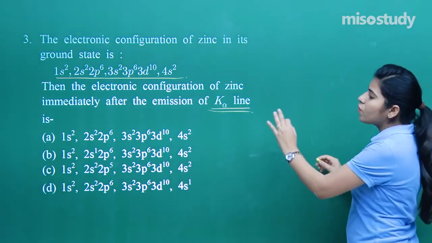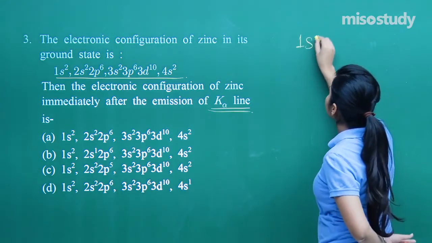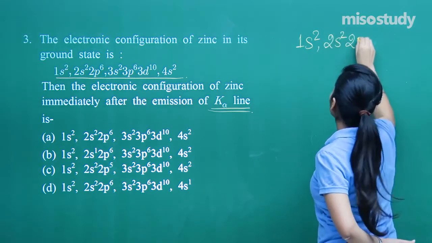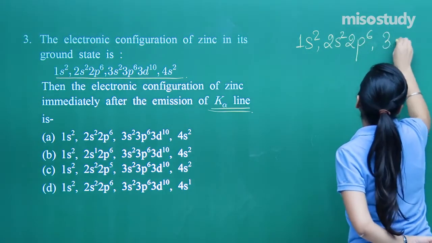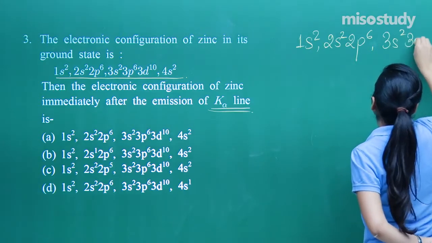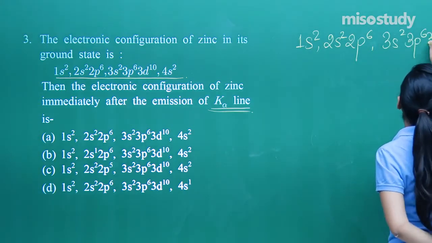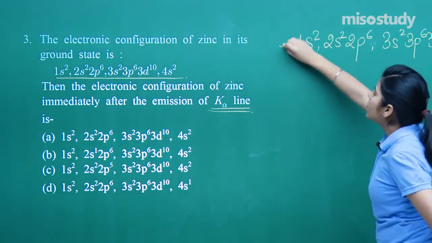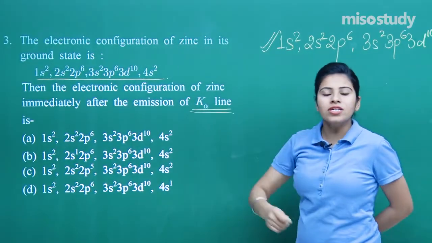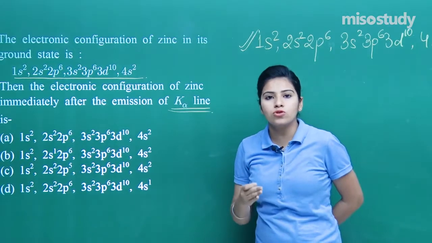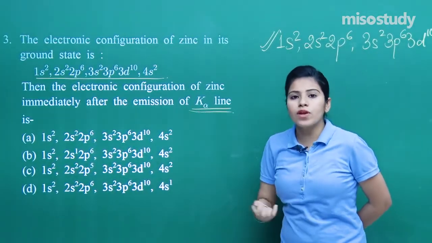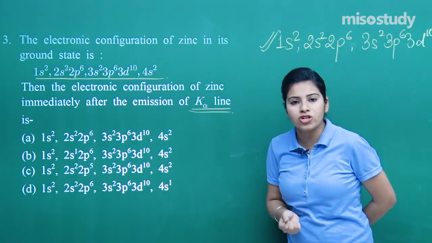So first of all, let me just write the configuration that has been given. 1s2, 2s2, 2p6, 3s2, 3p6, 3d10 and 4s2. We have been given this, and the question is, when the K alpha emission is going to take place, what will be the electronic configuration?